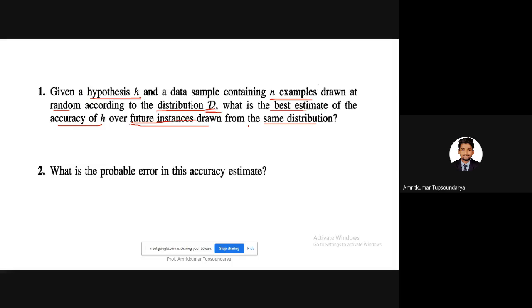This is the question that we need to address here. What can be the best estimate? How do we compute this best estimate?